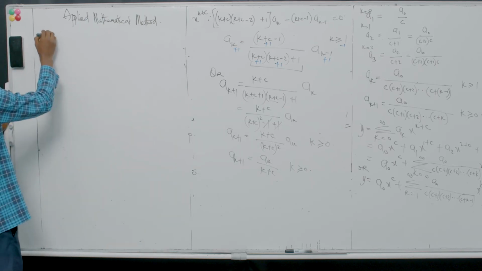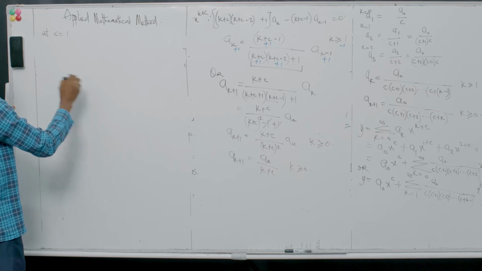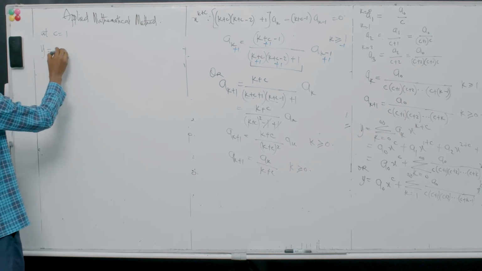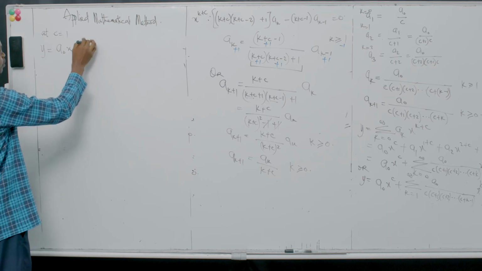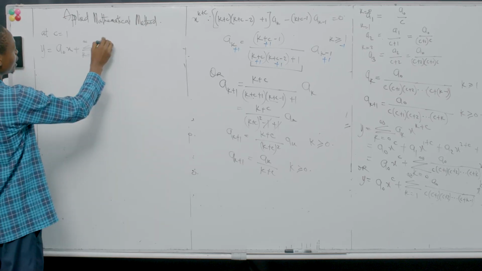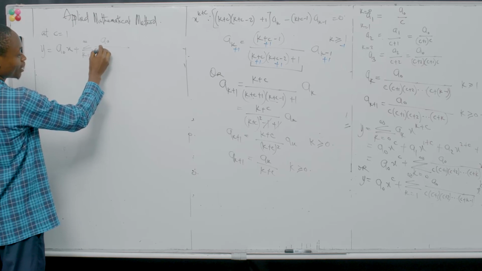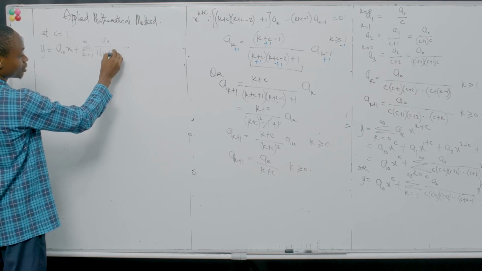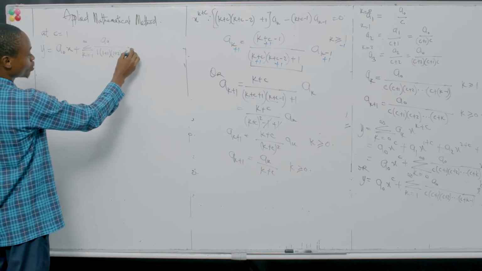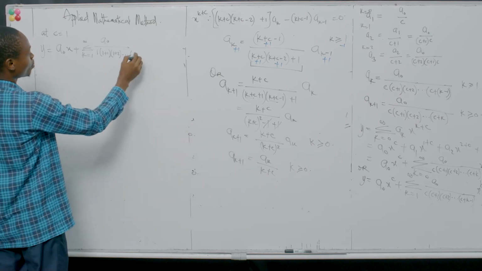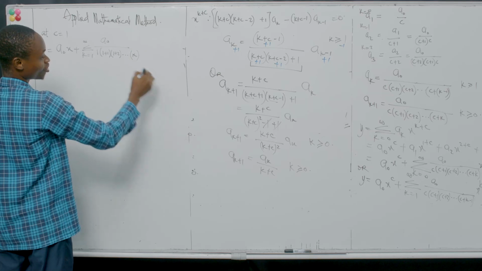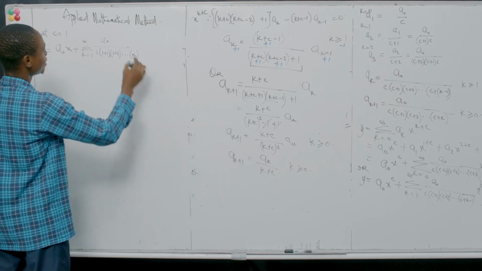So here at c equal to 1, the value of y will now be equal to what? a0 x plus summation k starting from 1 to infinity. I'm using the bottom one. a0 into 1, 1 plus 1, 1 plus 2, and what would I have at the end? k, right? Because I have 1 plus k minus 1, that's k.